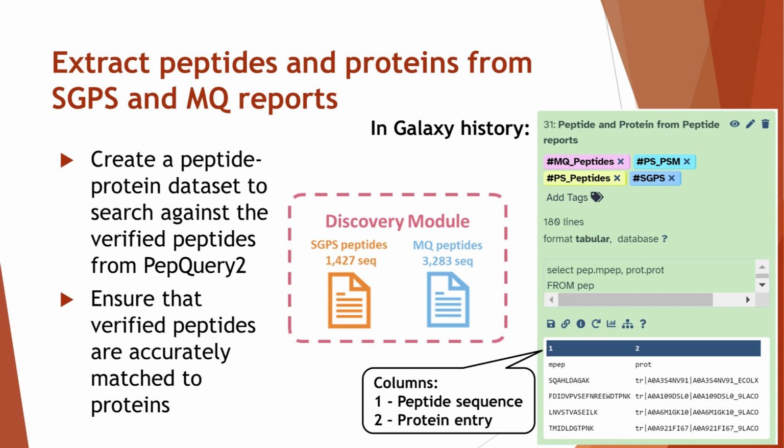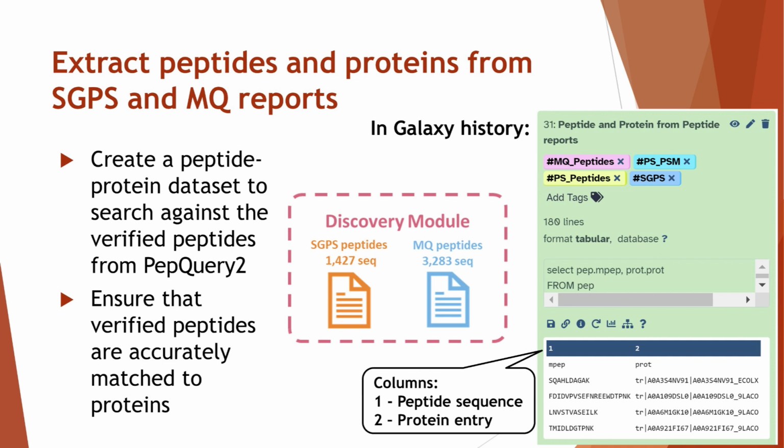Not only do we need to verify that our peptides are of microbial origin, we will also need to make sure that these verified peptides are accurately assigned to their proteins. First, we will take the peptide reports from SearchGUI PeptideShaker and MaxQuant and create a new data set that contains two columns, peptide sequences and protein entries.